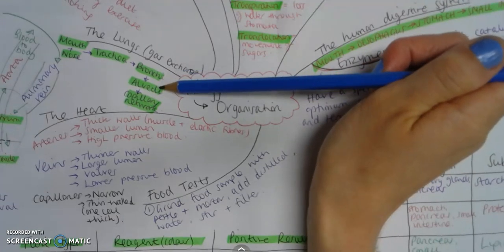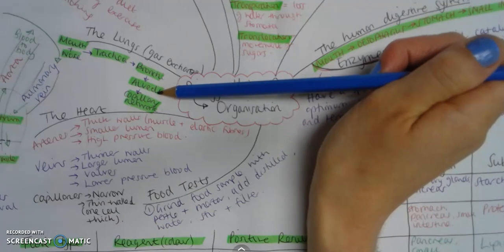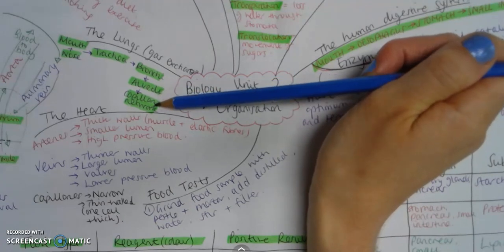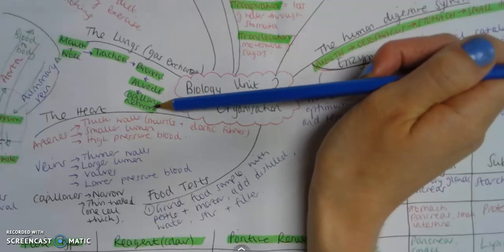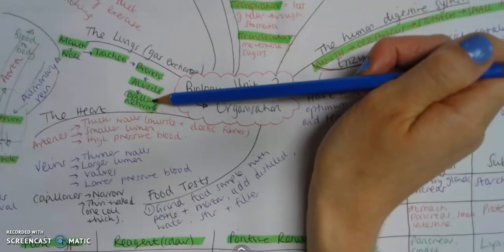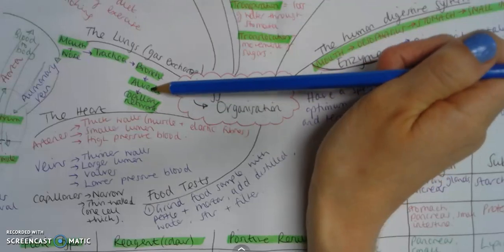At that point, oxygen will pass over the alveoli wall into the blood that's contained within the capillaries, and carbon dioxide, which is your waste product from respiration, will pass back into the alveoli, and then that will be exhaled.